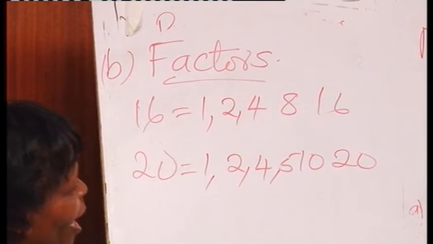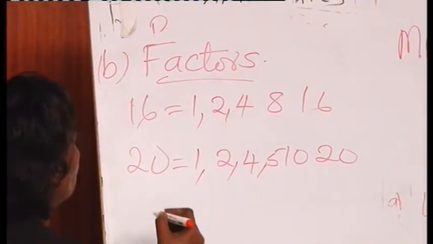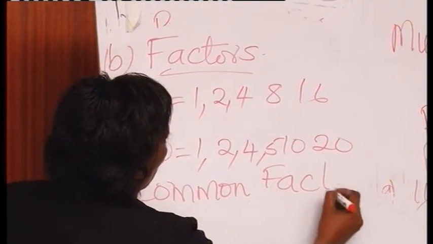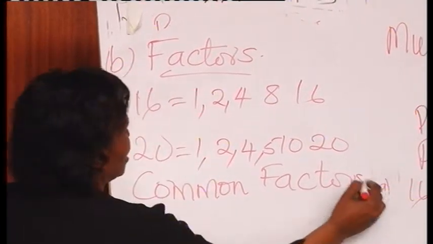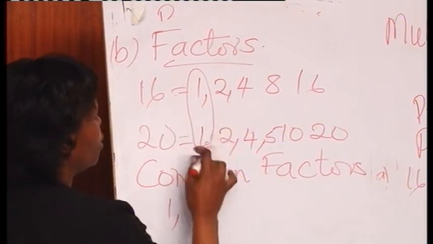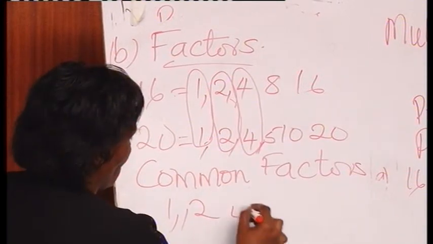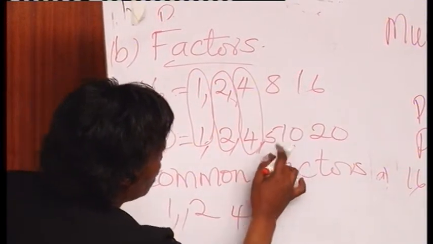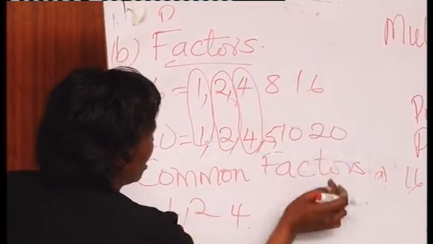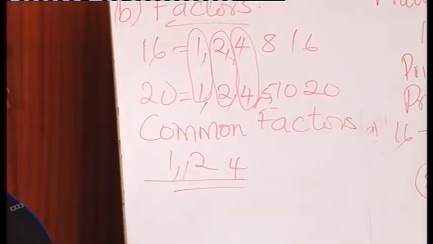Then I look for the common factors in these 2 numbers: 1, because it's in both, 2 is in both, then 4 is in both. 8 is not here, 5 is not here, so I can't take it, 16 is not here, 10 is not here, 20 is not there. So these are the common factors that are found in the 2 numbers.